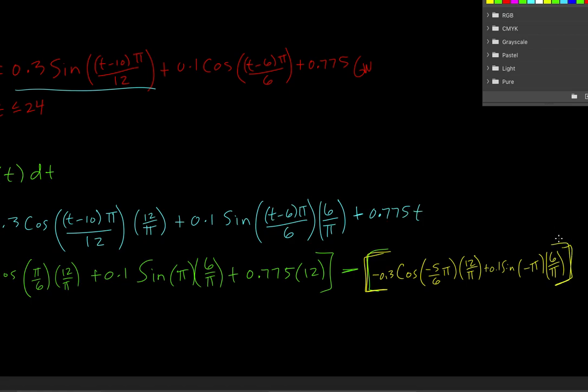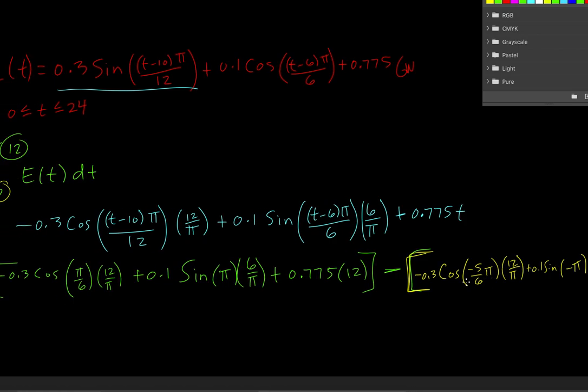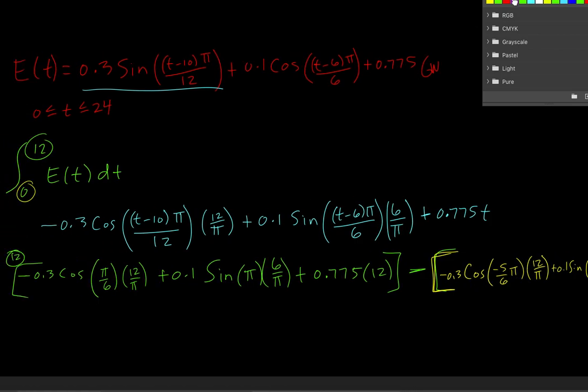Okay, so we can just throw all of that into a calculator, and if we do that, a couple things happen. For example, if I'm looking at sine, if I look at pi, or if I look at negative pi, both of those go to 0, so this entire portion's gone.